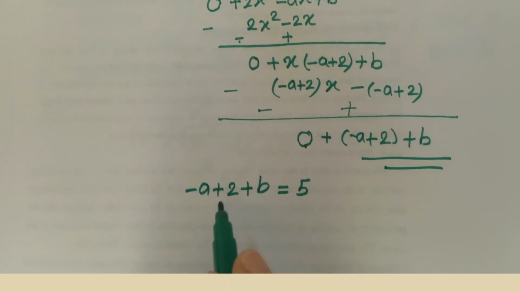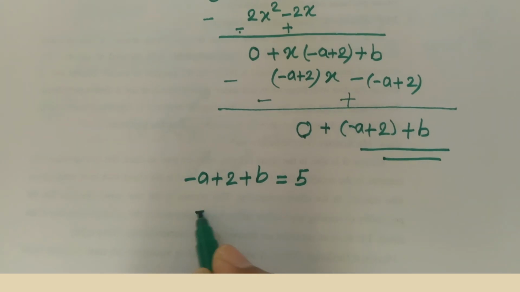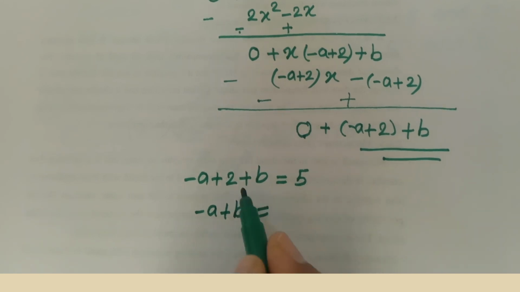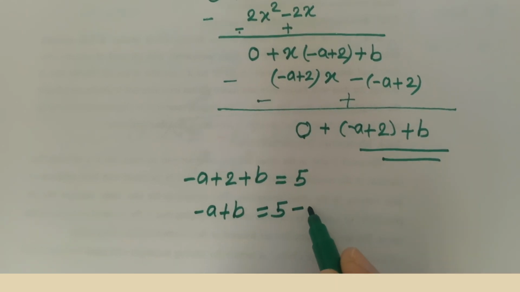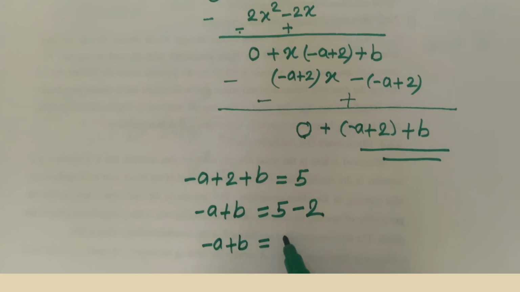If we solve this and take the 5 to the right hand side, then we get minus a plus b equals 5, and the 2 is plus, so when shifting to the right side it will be minus, so minus a plus b equals 3.